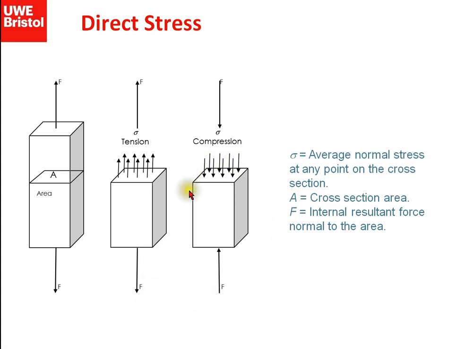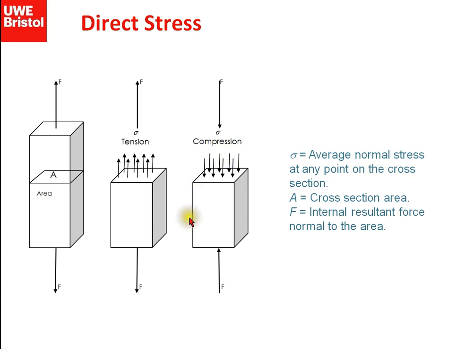Again, looking just at the bottom half, we're imagining we're going to cut the beam in half, and this time I'm going to imagine I'm going to try and squash my beam from either side. So I'm only looking at the bottom half of my beam, and so therefore in that case my stress must be pointing in the opposite direction against the force where I'm trying to squash it so that this whole thing isn't going to move.